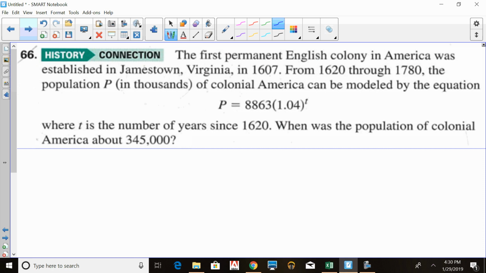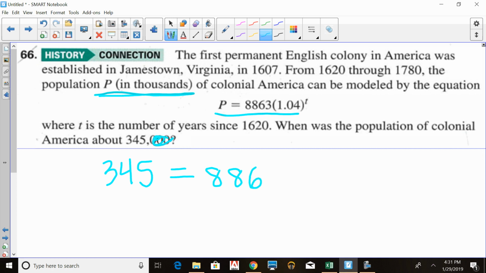All right, so the first permanent English colony in America was established in Jamestown in 1607. From 1620 to 1780, the population was 8863 times 1.04 to the t, where t is the number of years since 1620. When was the population 345,000? Well, that means 345. Now it says p is in thousands, so we do not put the zeros here. So 8863 times 1.04 to the t.